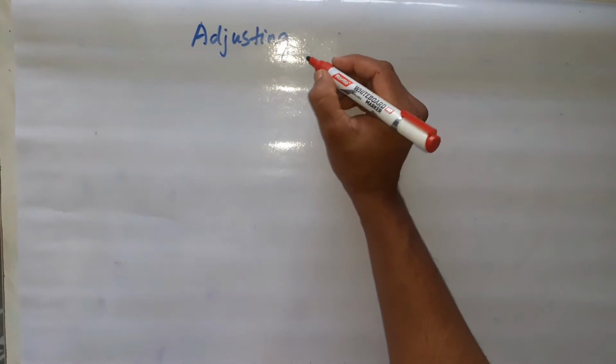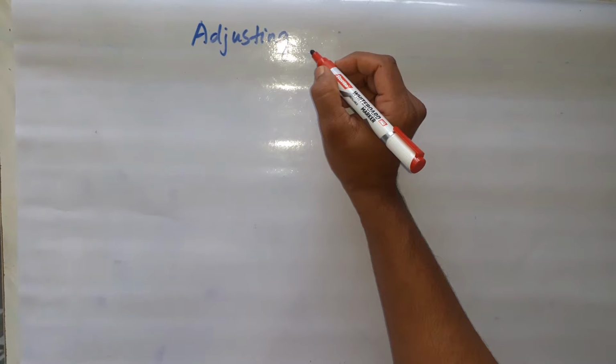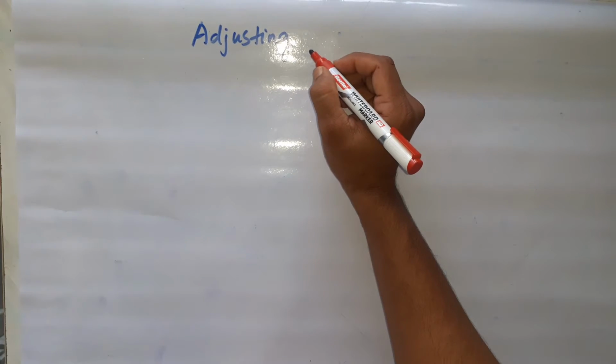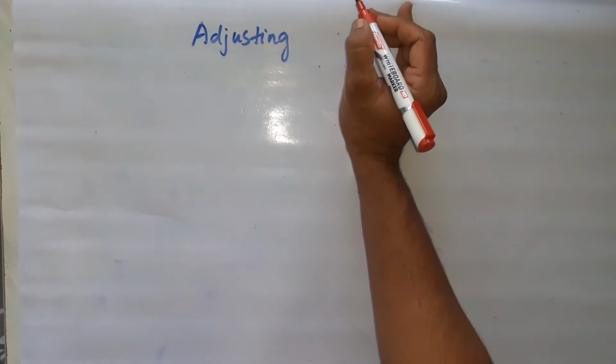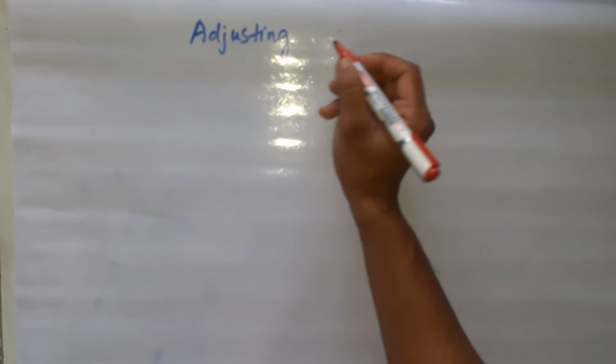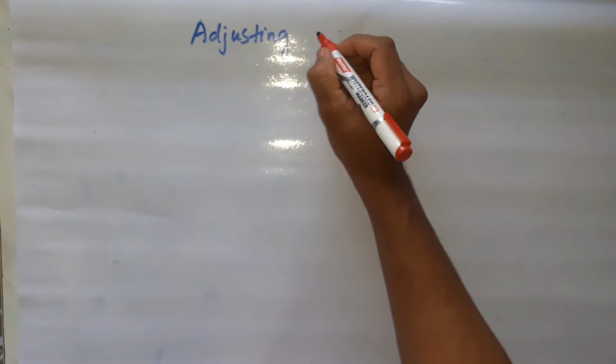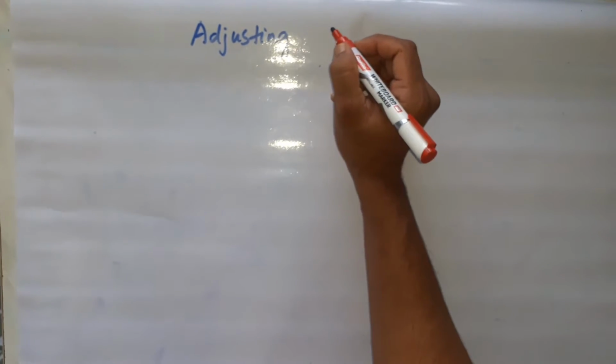Our today's topic is a continuation of the previous class. In the previous class we have seen the non-inverting Schmitt trigger. So today we will be having a non-inverting Schmitt trigger with adjustable triggering points.